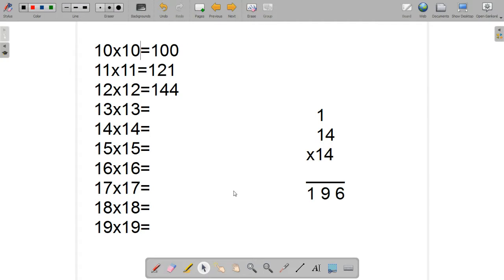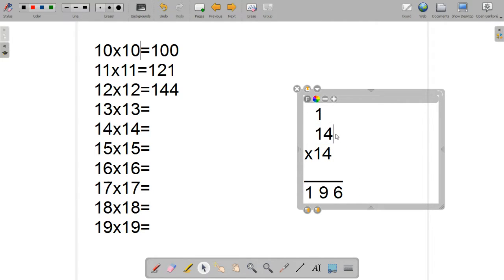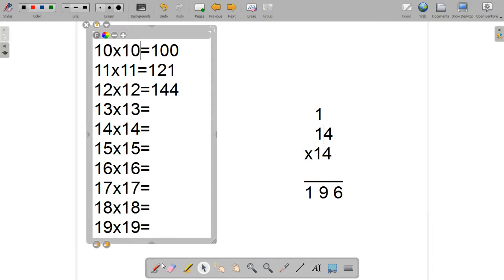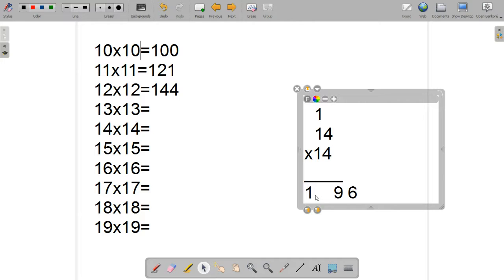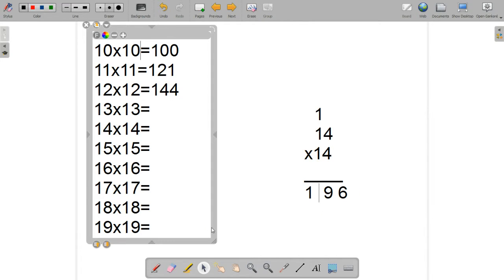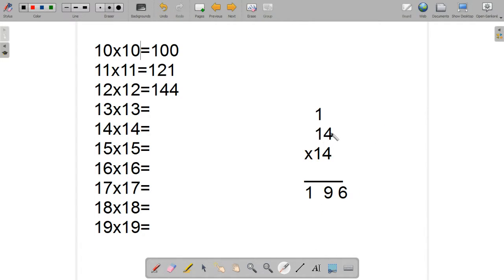So what are you doing with all of these? Well, first you have 1 and a random number. In this case I chose 4. You're basically doing the same multiplication strategy.